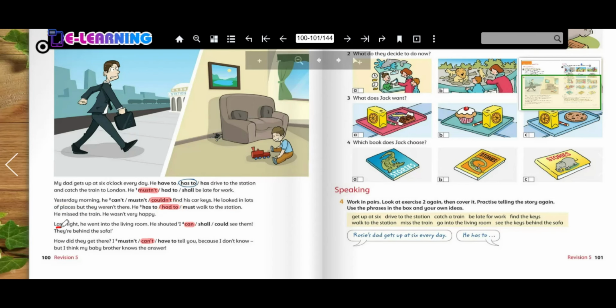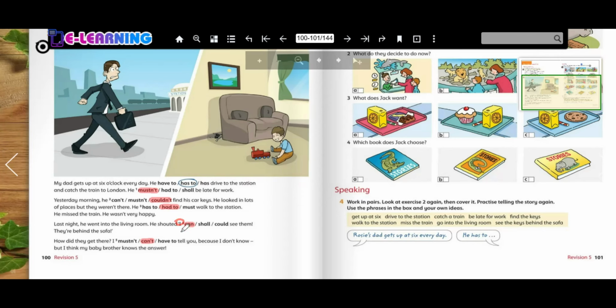And next one. "Last night, we went into the living room, shouted." Oh, so why do we use can right here, and we cannot use could? Do you see the apostrophe? The apostrophe right here is the saying.